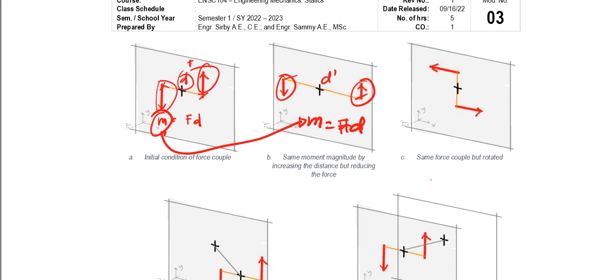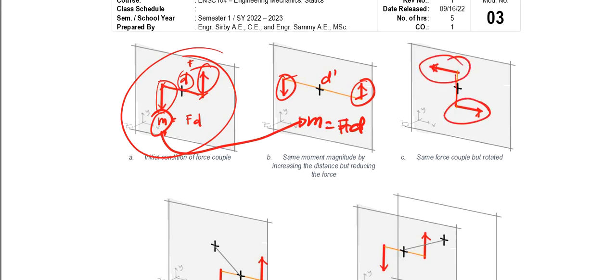Another one is the same force couple but rotated. So instead of writing it like this, we can rotate the orientation and position these forces like this, same magnitude, same distance. So we can still have the same value of the moment.